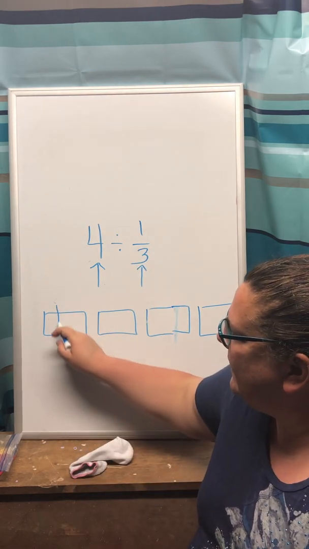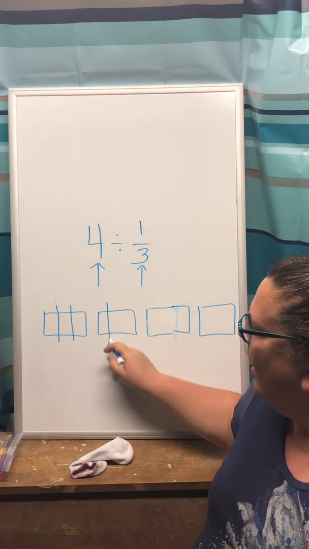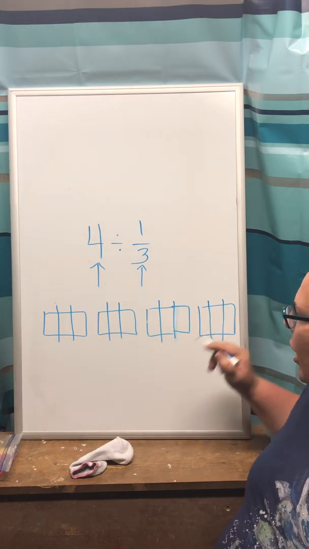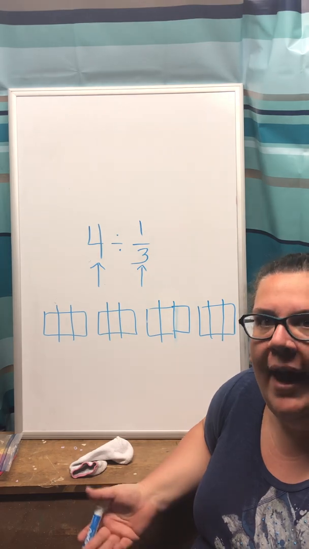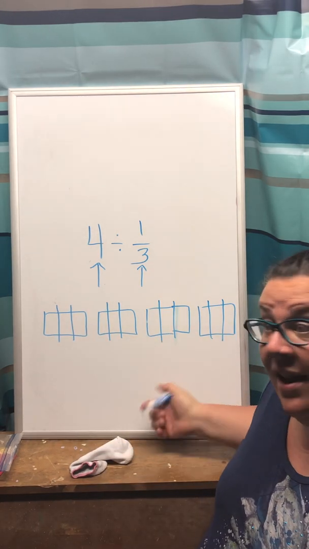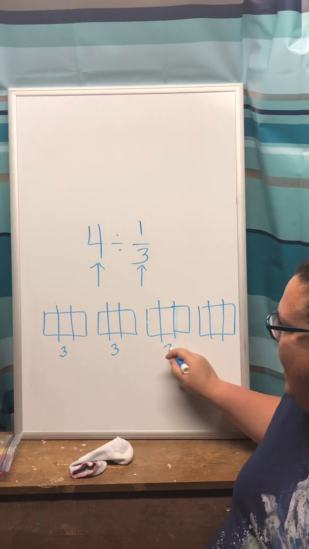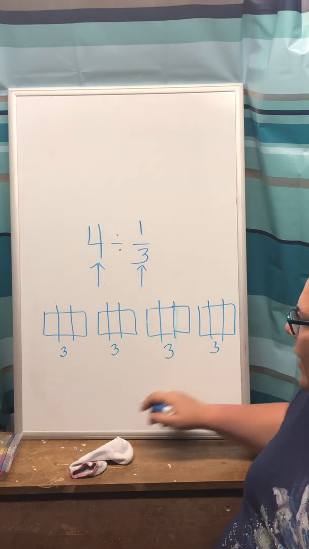So I'm going to take this and cut it into 3 pieces. I'm going to do the same thing here, the same thing here, and the same thing here. And they want to know how many pieces I'm going to end up with. So I end up with 3, 6, 9, 12 pieces.